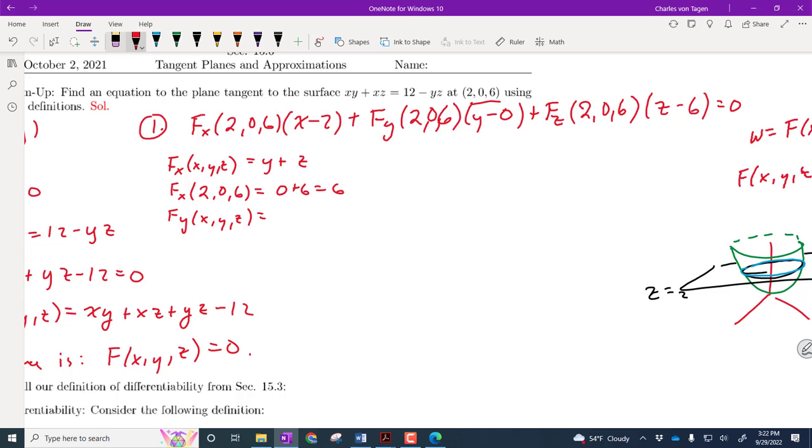Let's see here. If we do partial f, partial y, we get x plus z. So f sub y at 2, 0, 6 ends up as 8. And if we do f sub z, we get x plus y, so f sub z at 2, 0, 6 is equal to 2.